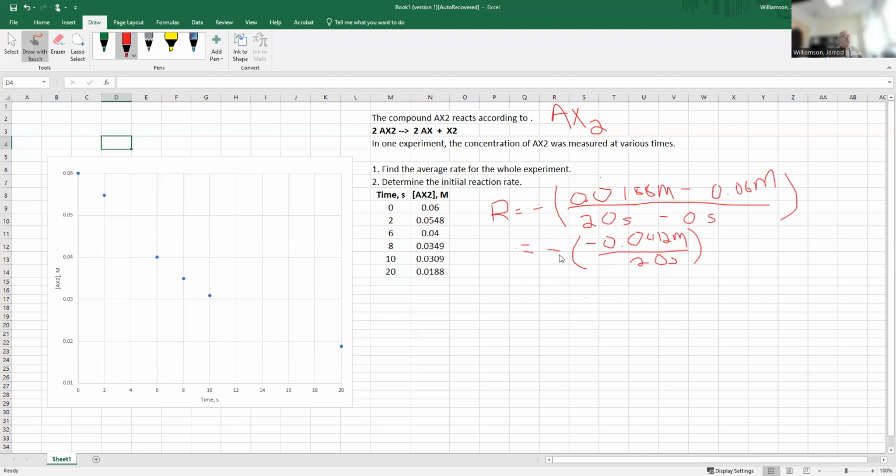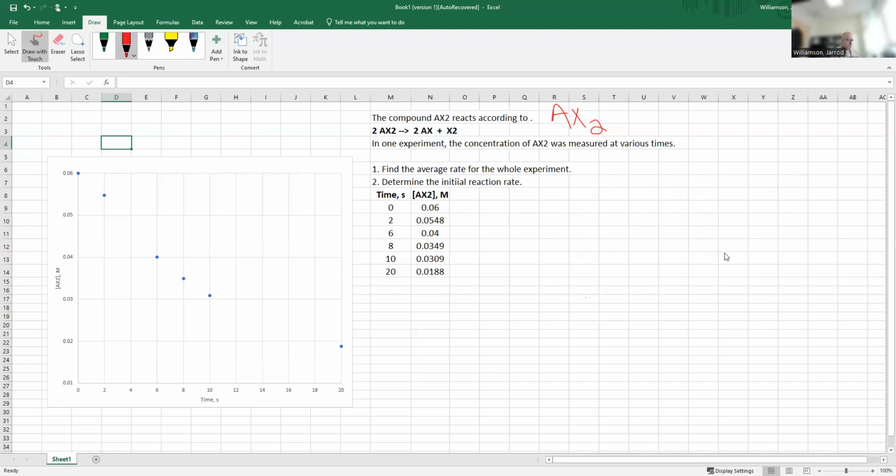Notice I got a negative, but I have another negative. So when I finish all this, divided by 20, I'm going to get positive.